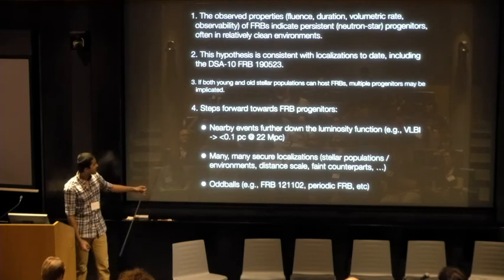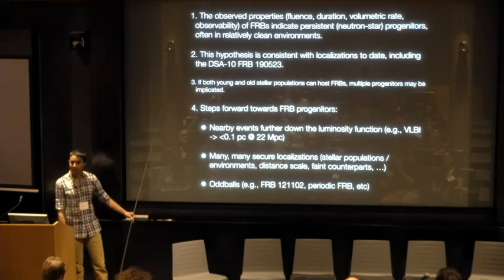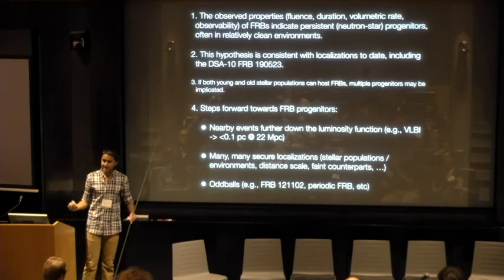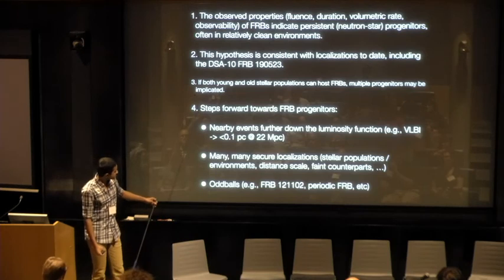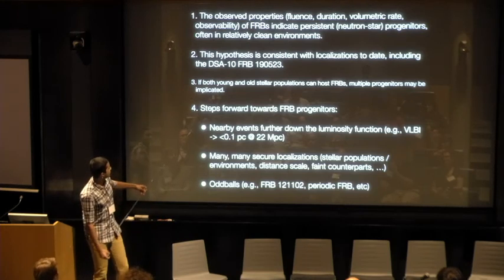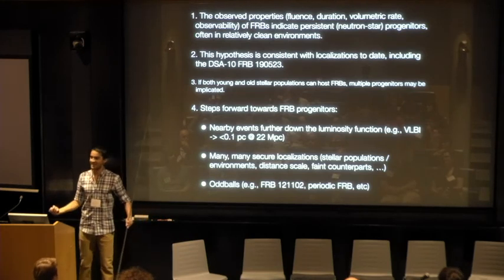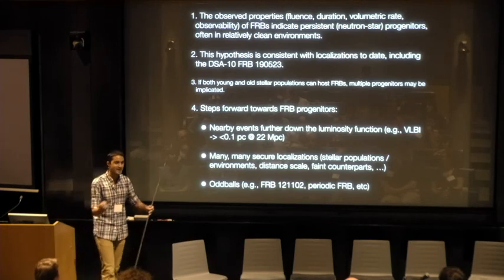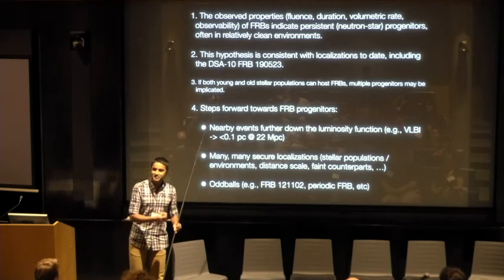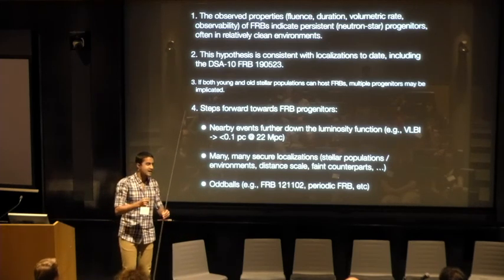I would say that this hypothesis is consistent with the localizations reported to date. I put this third point in small because it's not really saying all that much. Of course, if both young and old stellar populations are implicated, then possibly we have different progenitor channels.